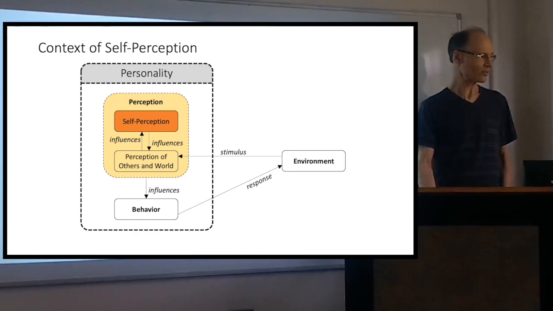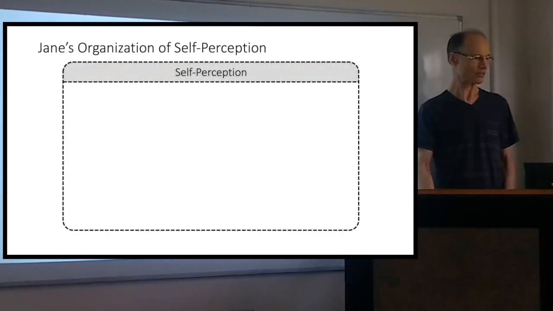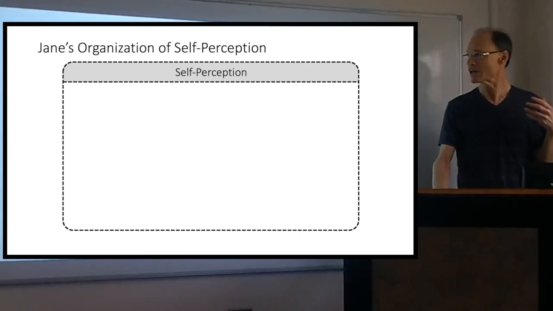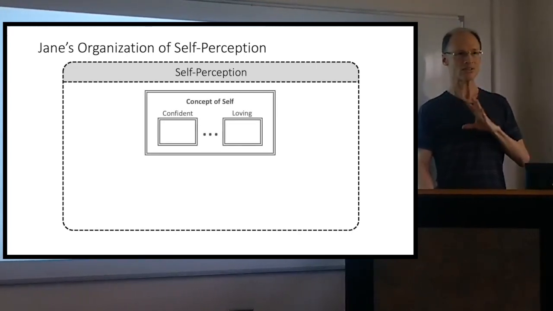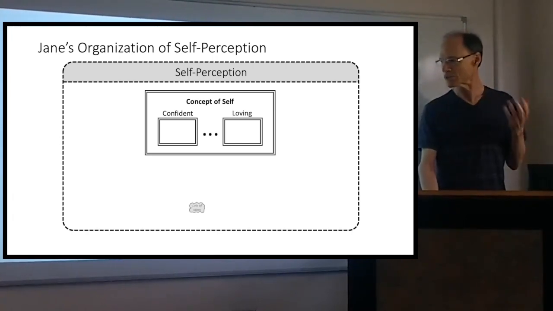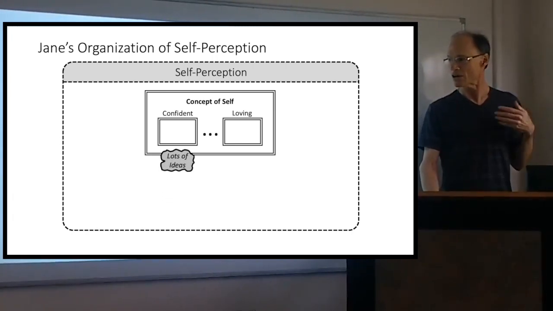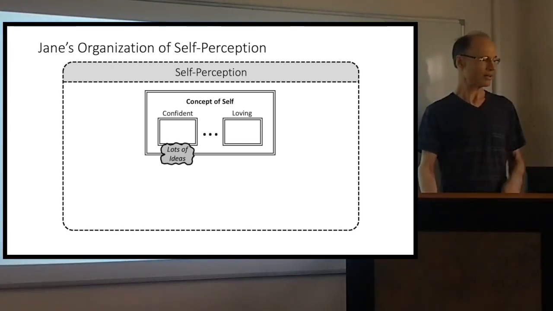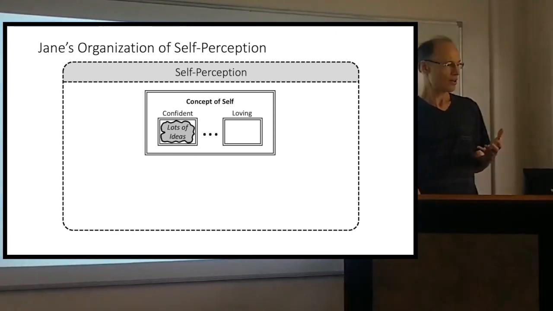So let's look at the organization of self-perception of Jane, a graduate student who comes into therapy having a rather closed and rigid concept of self. When her experiences of herself align with her concept, it validates her concept of self.